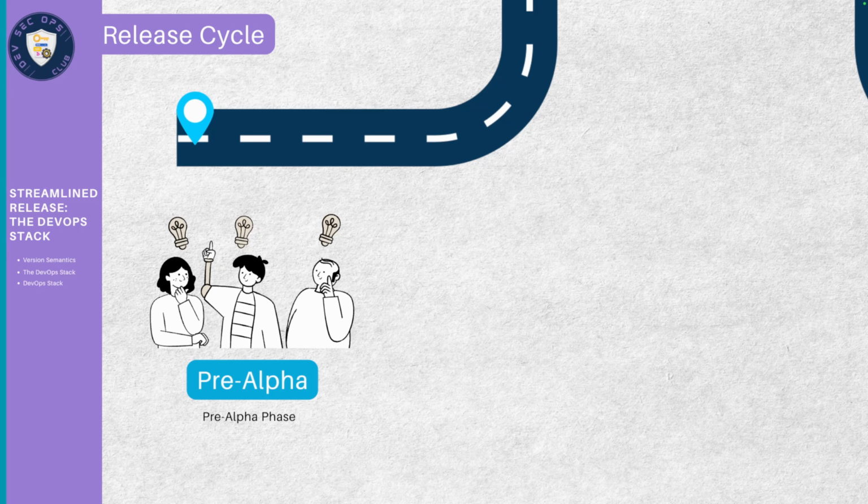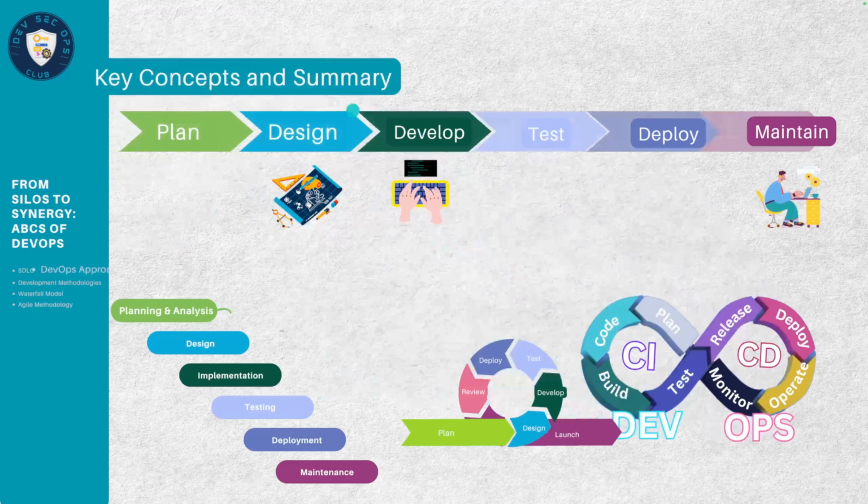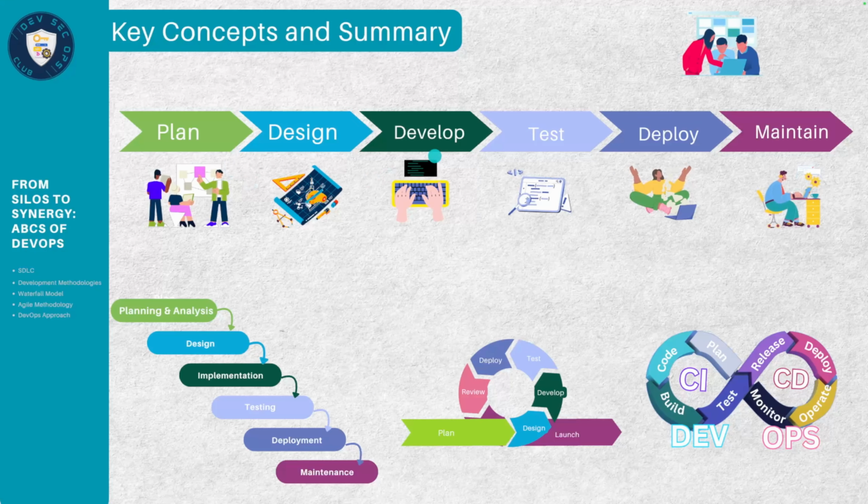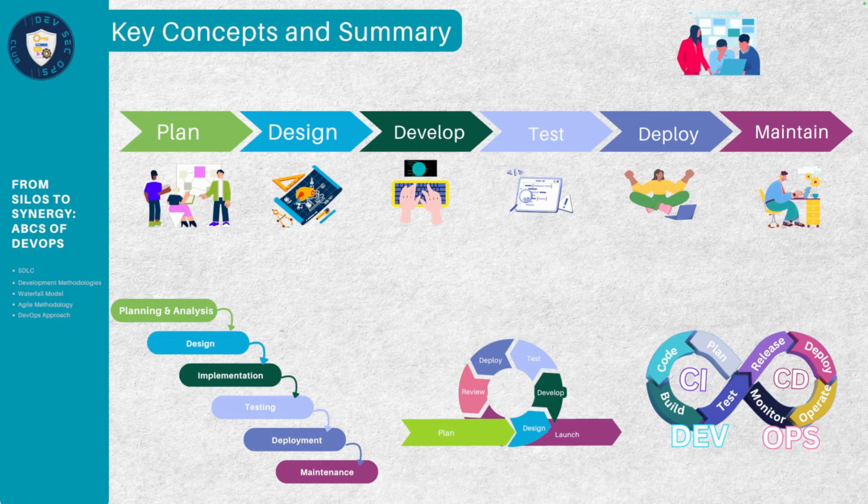DevOps sets up the initial infrastructure, pipelines, and all these things for releasing the product. So it is very similar to what we used to do in planning, where we do planning and brainstorming sessions. Developers start doing the coding and do their own testing, but formal testing isn't done.